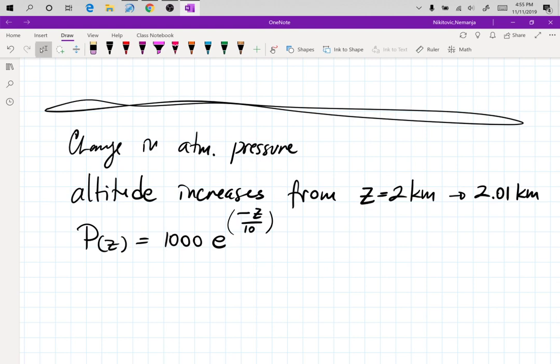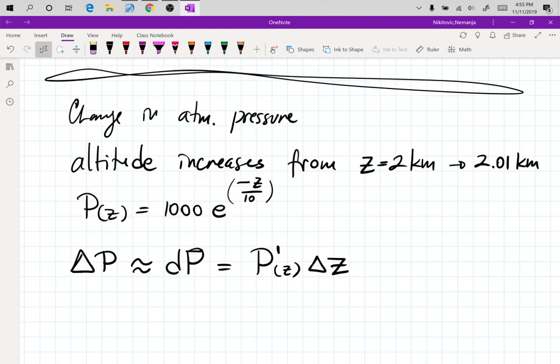Awesome. So the change in atmospheric pressure is approximated with dP. My x and y are the variables that are given in this problem. This is usually x, so now we call that z, so I have delta z there, and this is usually f of x, which is y. Well, now instead of f of x, I have P of z.